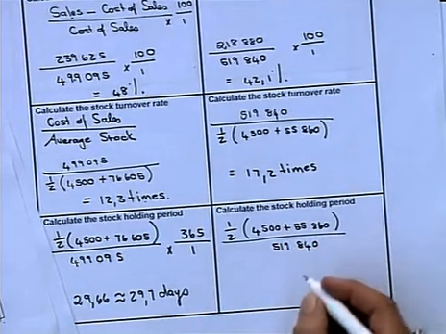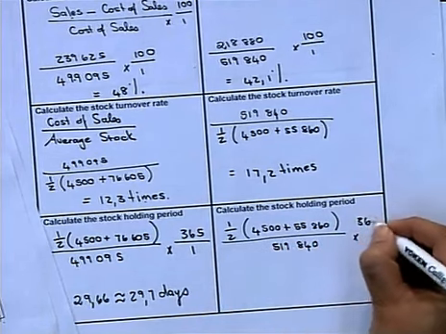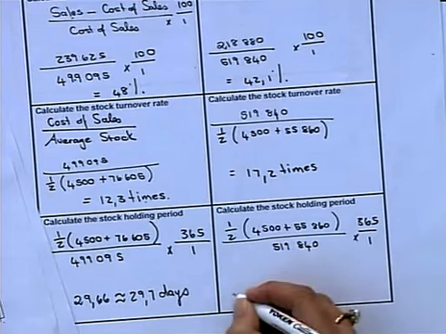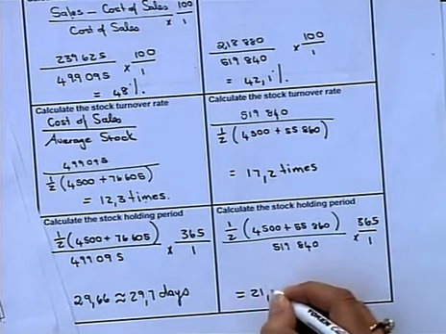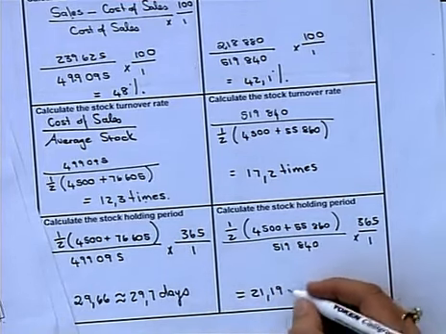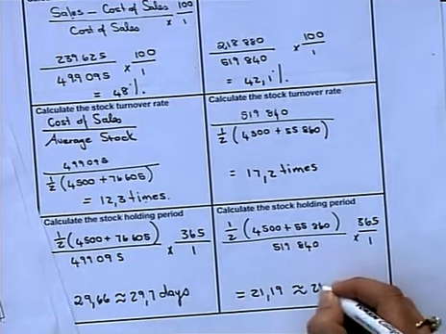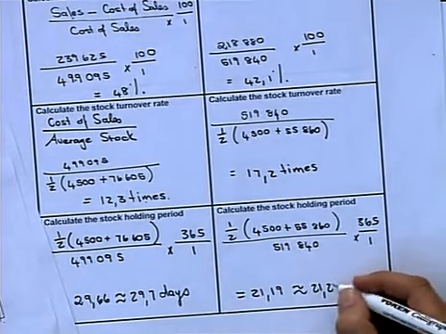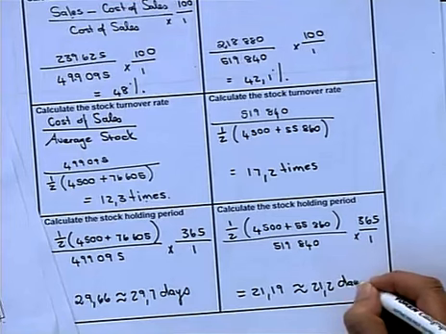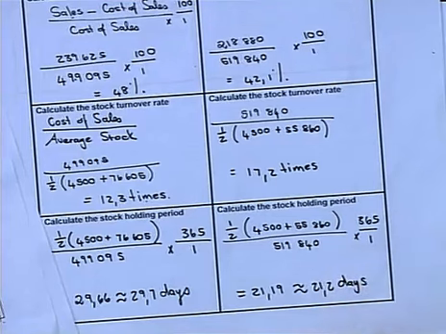So it says that I have 21,19, or you can say 21,2 days worth of stock in my storeroom.